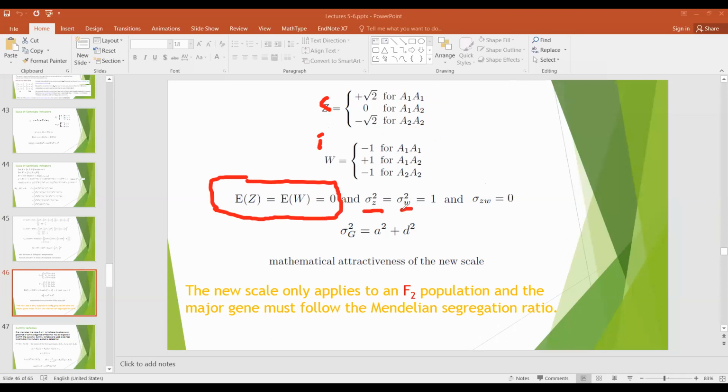However, the variance of these two are both equal to 1, and the covariance is still 0. So this is very mathematically attractive. Even if we change the scale of the two random variables, this will not change the association between this locus and the trait, so we do not change anything in the hypothesis testing. But by using different scales, we can significantly improve the efficiency and elegance of our coding and computation.